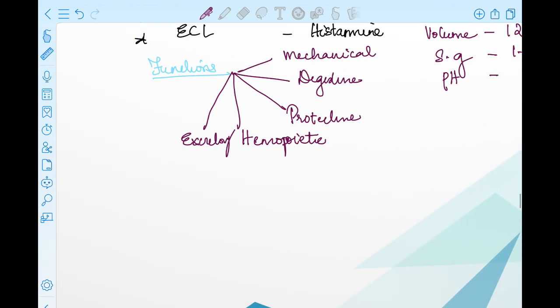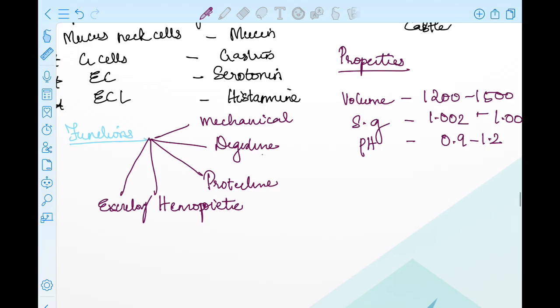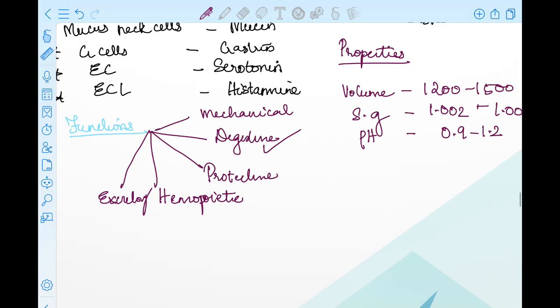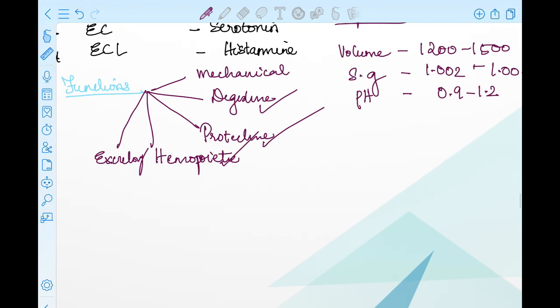Okay, so that was one of the functions that we learned, digestive function. And protective, I already told you, it is because of the mucous membrane. Now, what about hemopoietic function? Hemopoietic function is because of the intrinsic factor of Castle. I'll write it as IFC. This is produced by the parietal cells, also known as the oxyntic cells, that produce HCl.